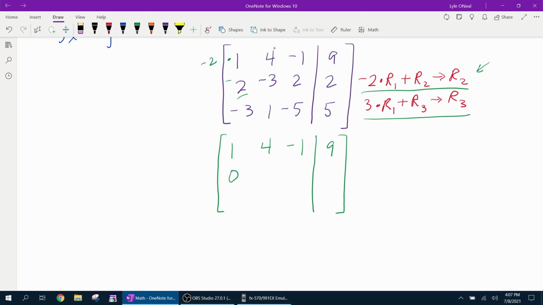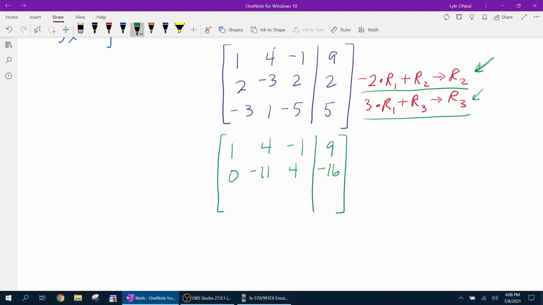Objective achieved. Next, 4 times -2 is -8. -8 plus 3 is -11. Next, -1 times -2 is +2. Added to 2 is 4. And last but not least, 9 times -2 is -18. Added to 2 is -16.